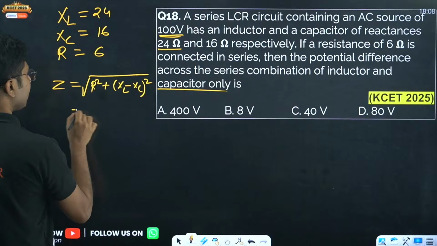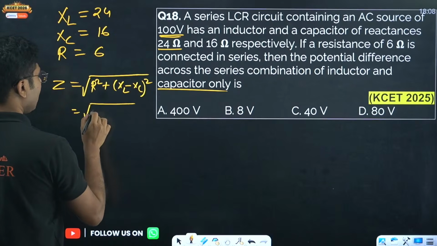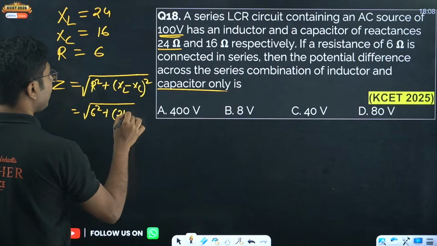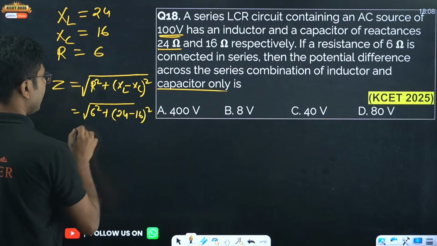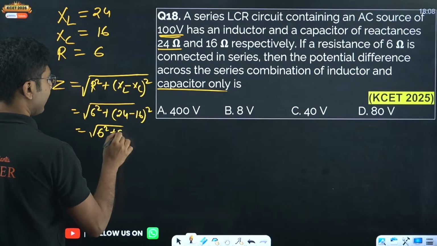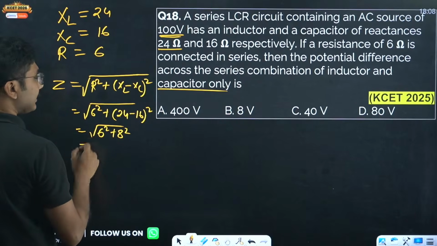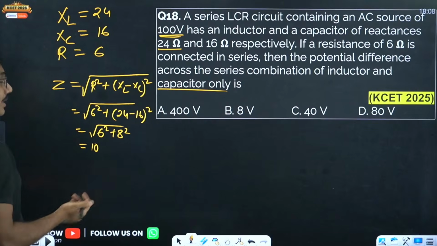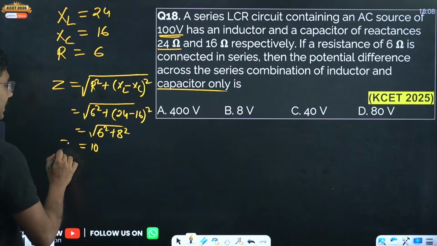Let's do that. 6 square plus (24 minus 16) whole square, that is 6 square plus 8 square, which is 36 plus 64, that is 100. Square root of 100 is 10. So impedance is 10 ohm.